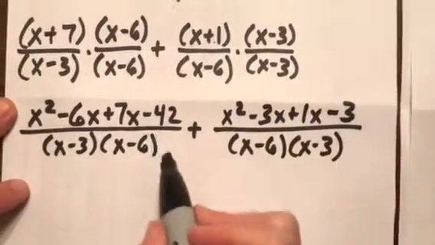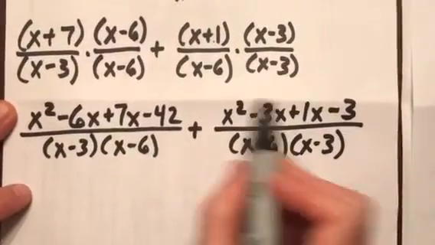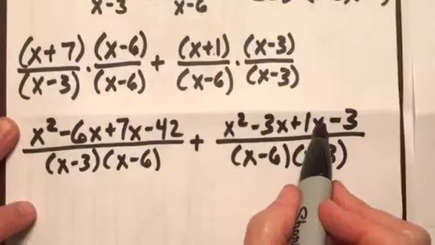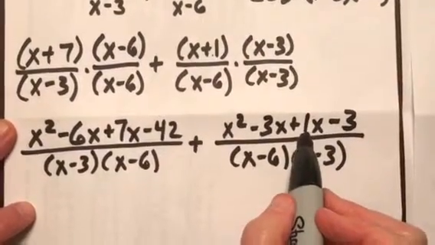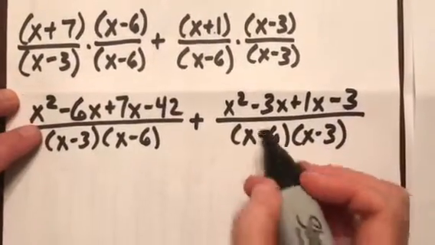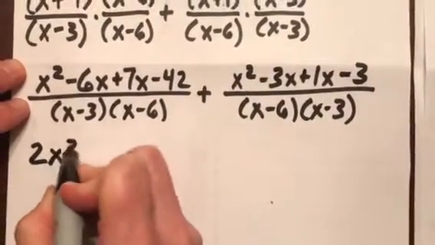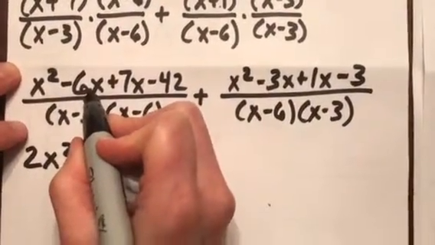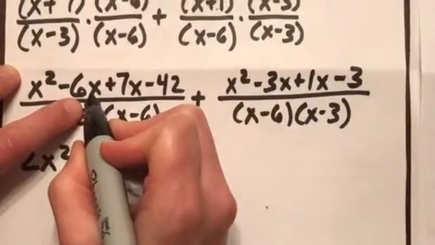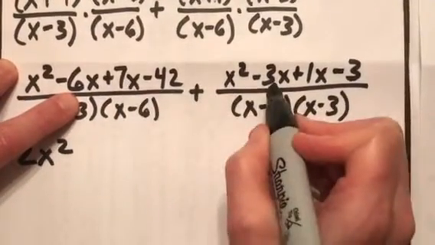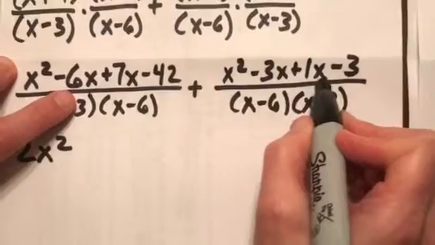Okay, now, once these have a common denominator, we can add all of the terms in the numerator together. So let's look for like terms that we can combine. I notice x squared and x squared could combine to make 2x squared. Negative 6x, positive 7x, negative 3x, and positive 1x.